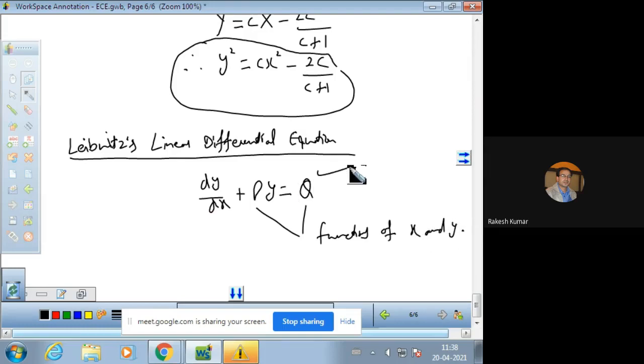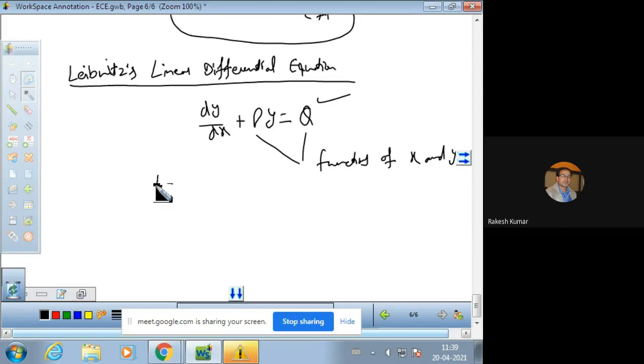So this is a Leibniz linear differential equation, and we have to find out the solution of this. For the solution of this, we require an integrating factor. The integrating factor will be e raised to power integral p dx.